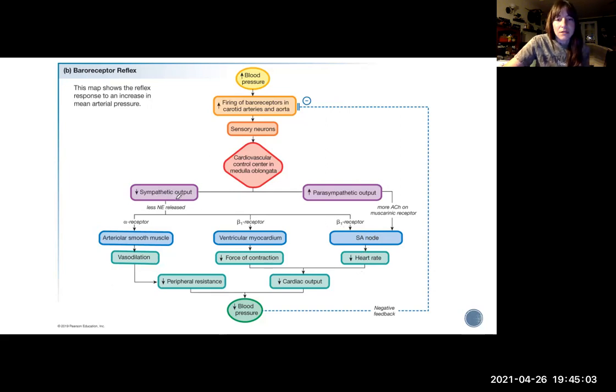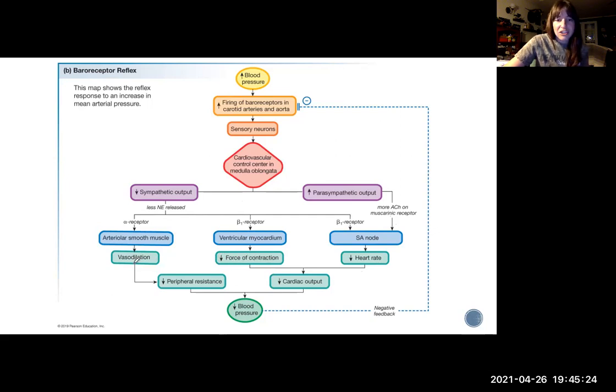The less norepinephrine that gets released means that the ventricles of the heart are going to decrease the force of their contraction. And the SA node is going to decrease heart rate, as does the increase in acetylcholine.